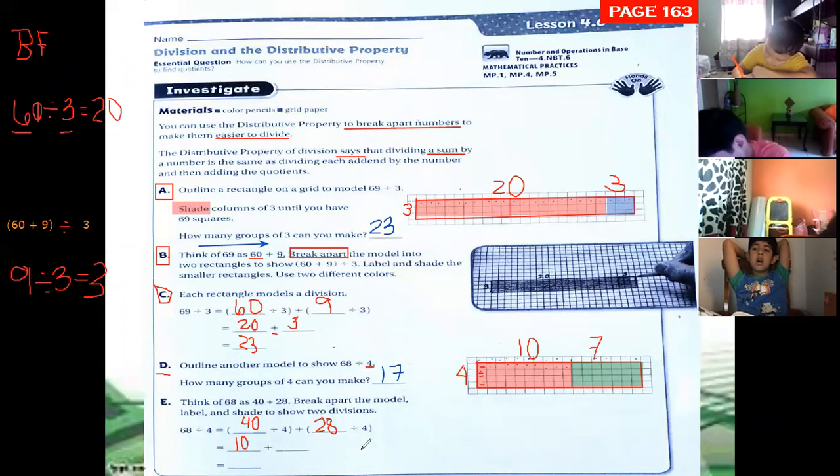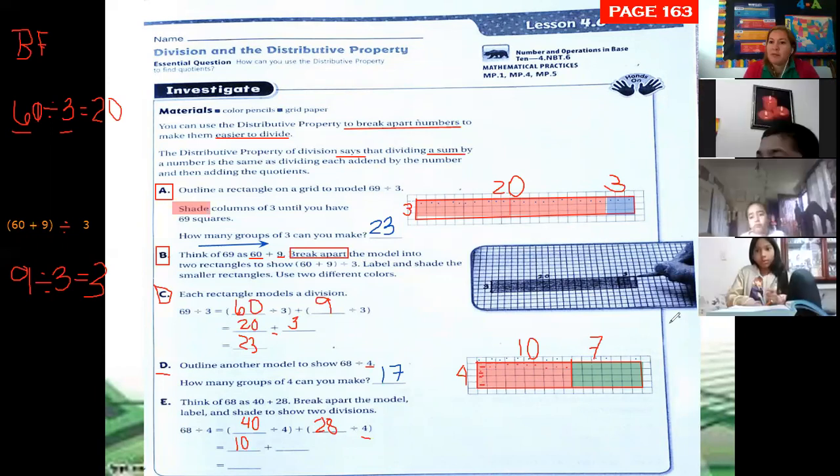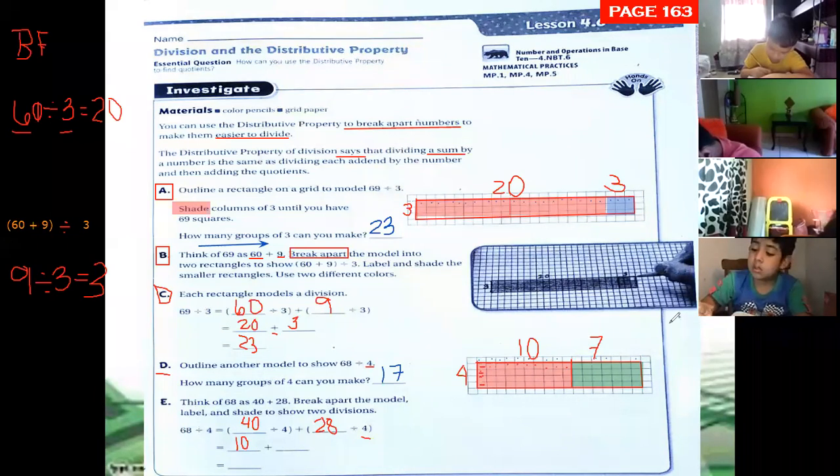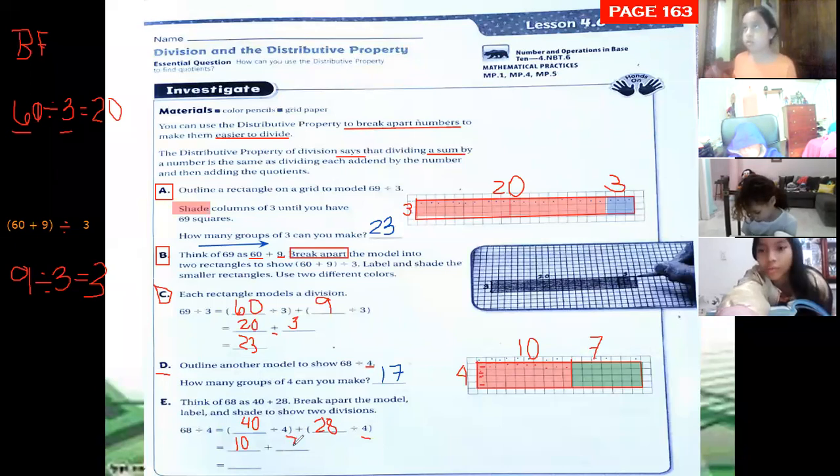28 divided by 4. Table of 4. My students memorize the tables perfectly. 24. Wait, what did you say? 7. Miss, what table? Table of 4. 4 times 7.